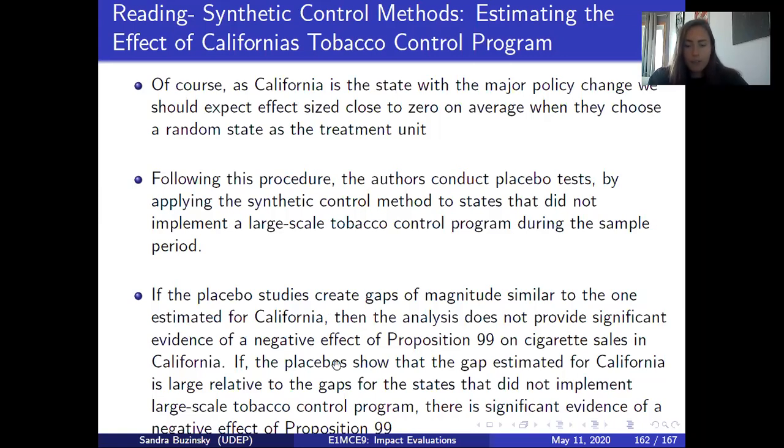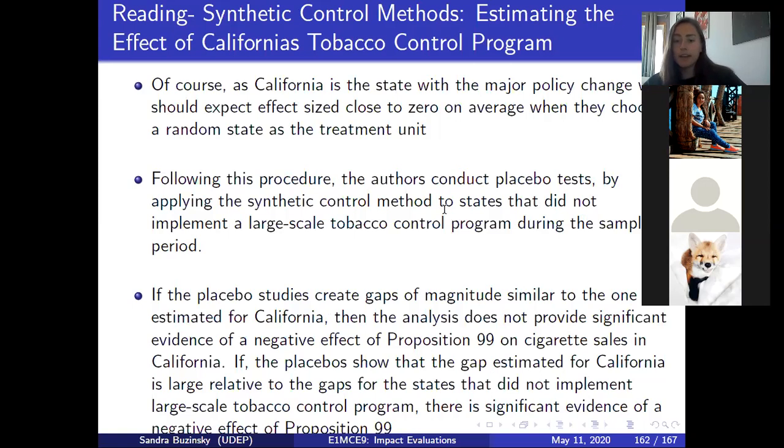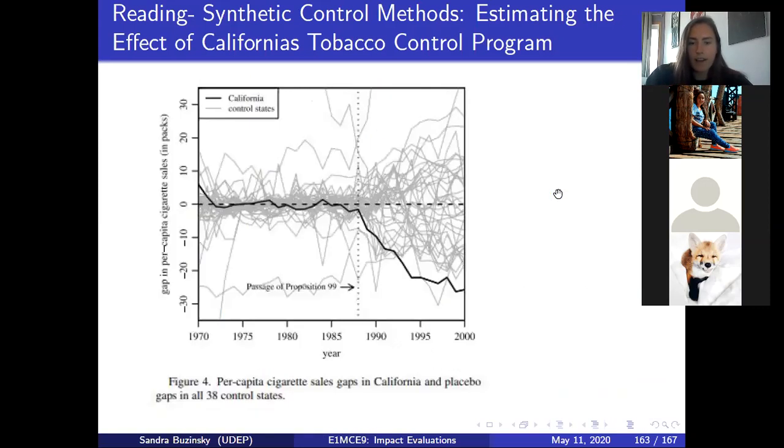But if the placebos show that the gap estimated for California is large, much larger than the other placebo tests, then they feel confident that their result is causal and a true effect, not just random noise. Okay, so this is what they have.